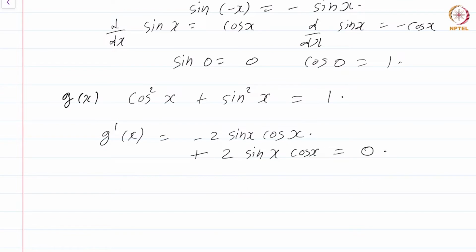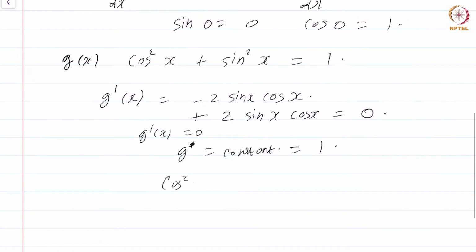So we have got that g prime of x is 0. That means g is constant. G is a constant function. And what is this constant? Well, substitute x equal to 0, we get that this constant is equal to 1. So cos squared x plus sine squared x is equal to 1. So we have got even the most famous identity essentially for free.